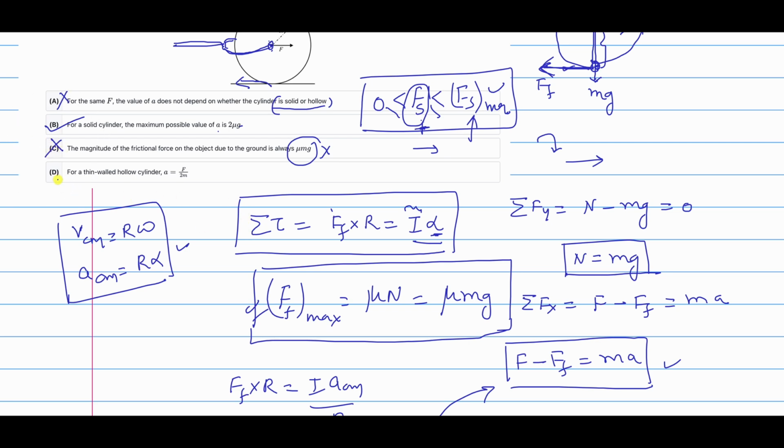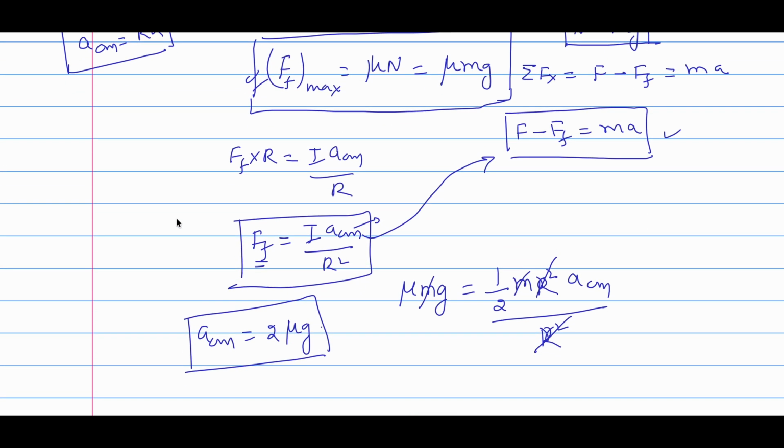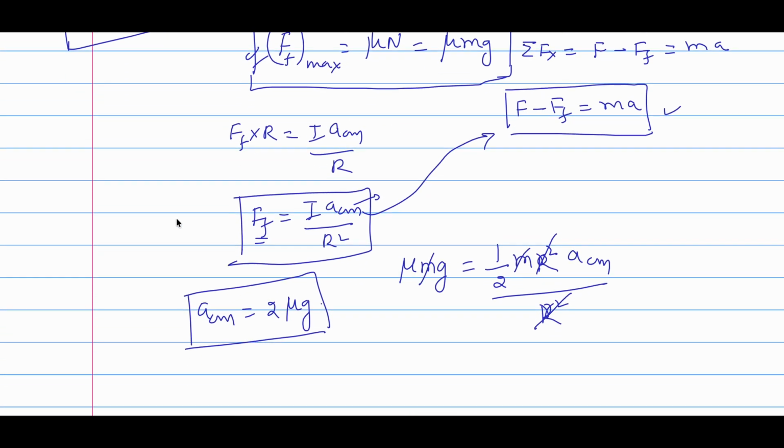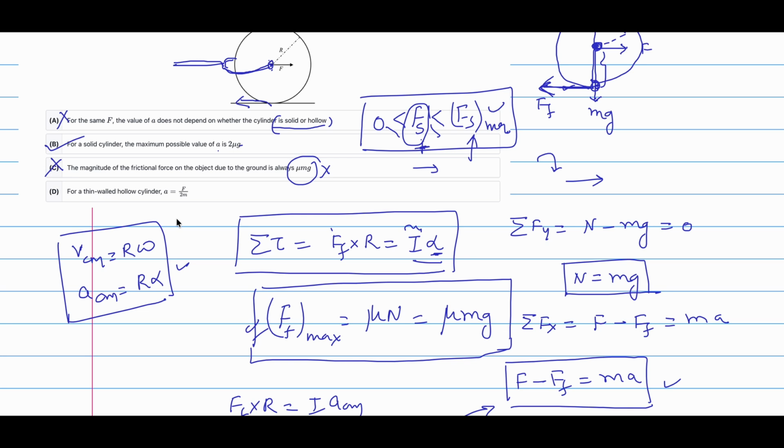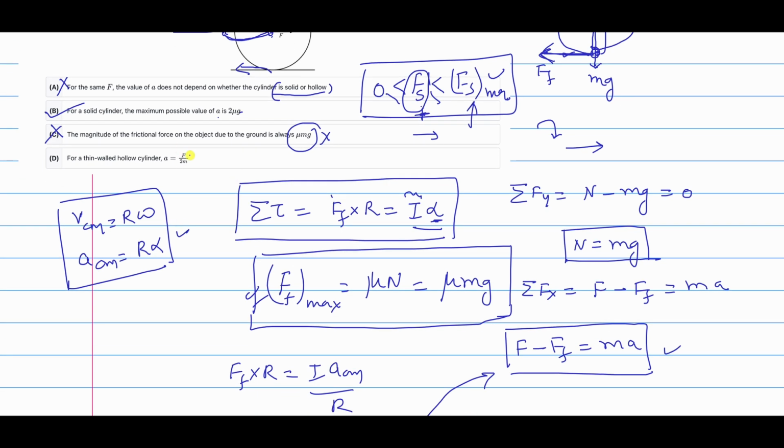Okay, then the last option is, for a thin walled hollow cylinder A is equal to F upon 2m. So let's figure out what will be A in case of a hollow cylinder. And you can see the equation is in the form of force applied, so we need to use this equation somewhere.